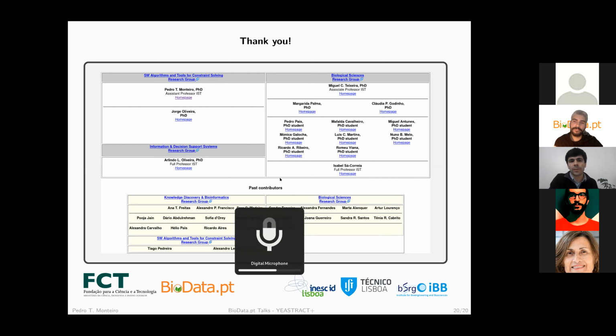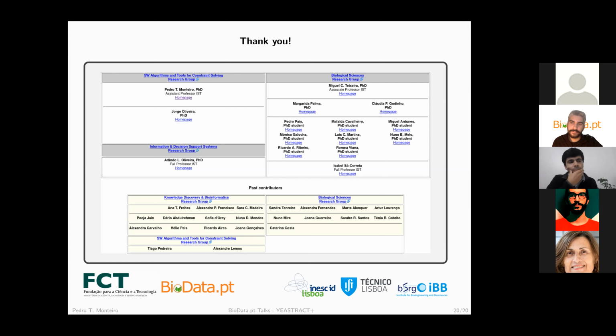In that respect, I don't know. So I cannot answer fully because I don't know exactly all the information that they provide. But for example, for the Yeast Genome, a few years ago, they started to provide regulatory information.